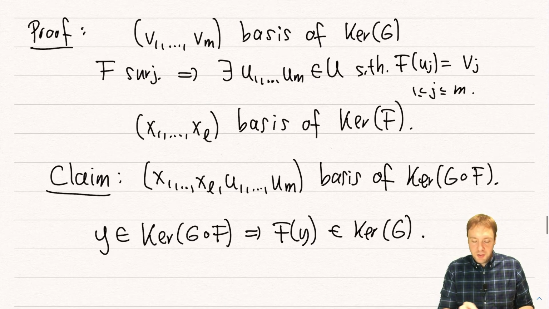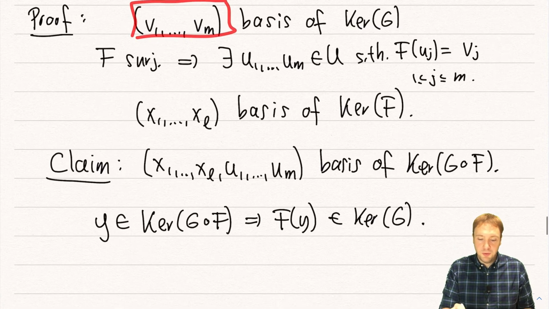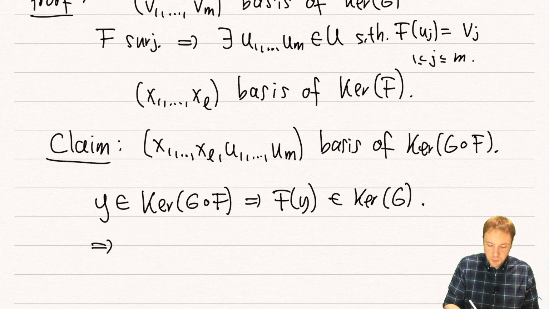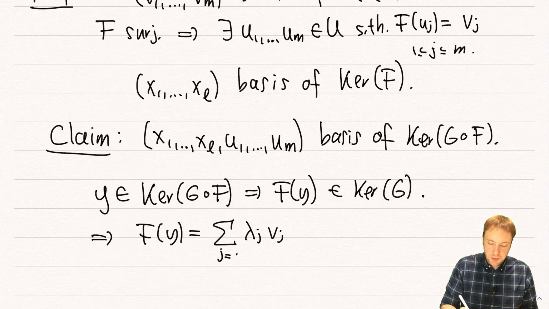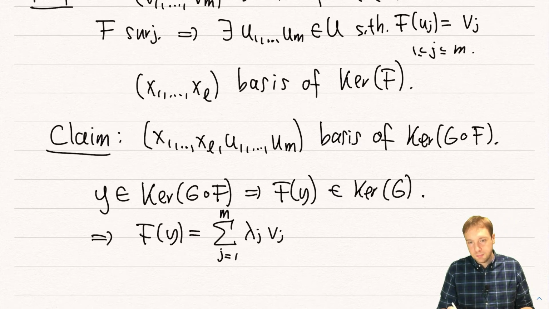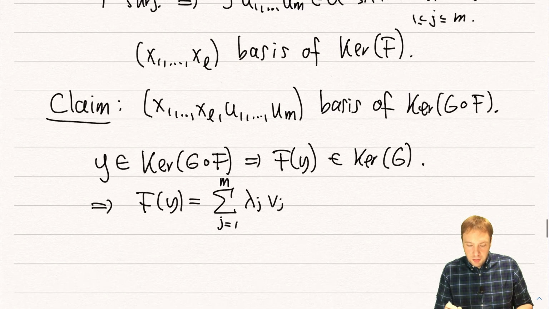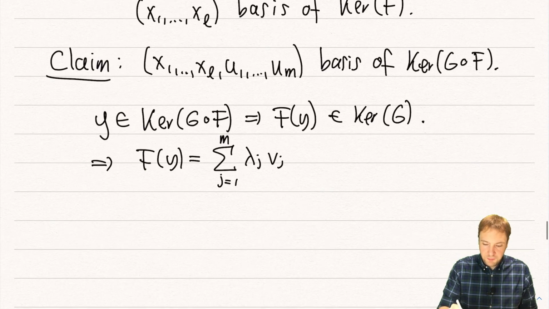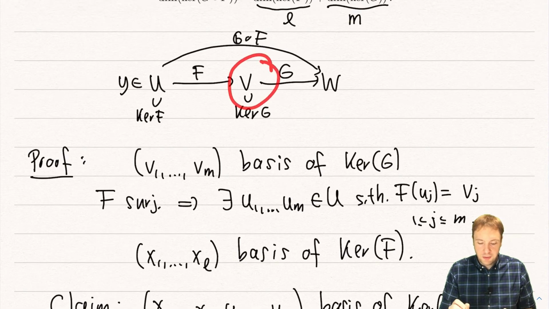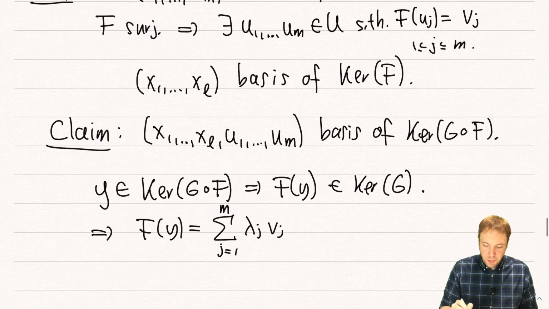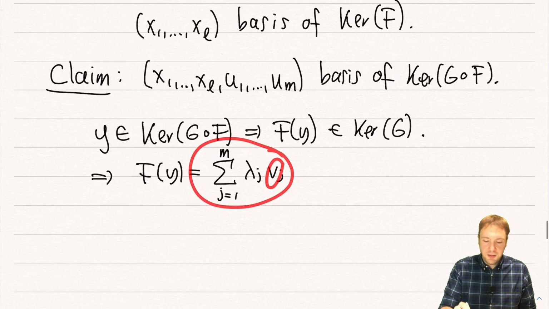And the kernel of g, we said, has a basis v1 up to vm. Therefore, we can write f of y as a linear combination of the sum of lambda j vj, j goes from 1 to m. Okay, and now this here is a linear combination of these v's, and now we take the same linear combination, but instead of v's we take u's.